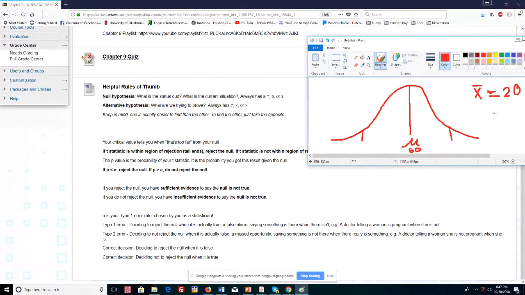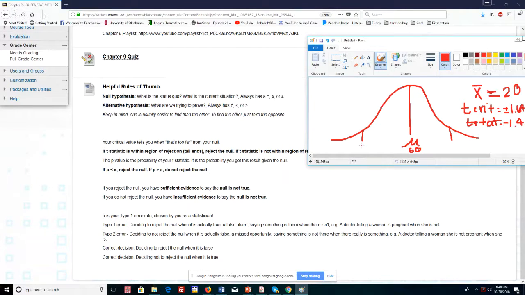But if I were to tell you, say your t critical value is plus or minus 1.64, and your t statistic comes out to be negative 1.4, then that's in that region of rejection.